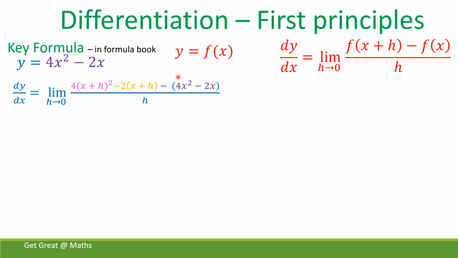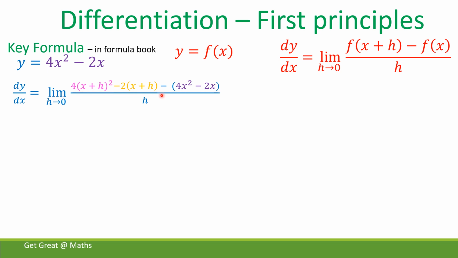And then the original function that was given in the question, 4x squared minus 2x, is my minus f of x. So whatever the question is, that's what you're taking away. It is always over h, that doesn't change, so whatever function you're given, it is always divided by h. The tricky bit is substituting in x plus h into the function that you're given instead of x.